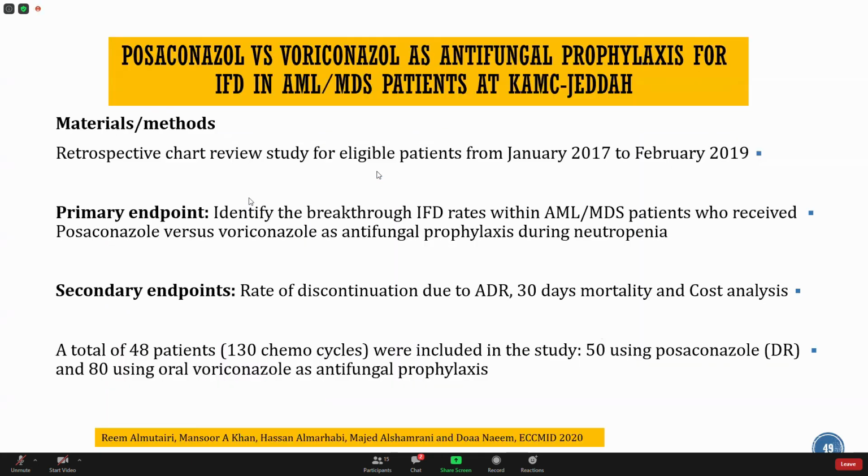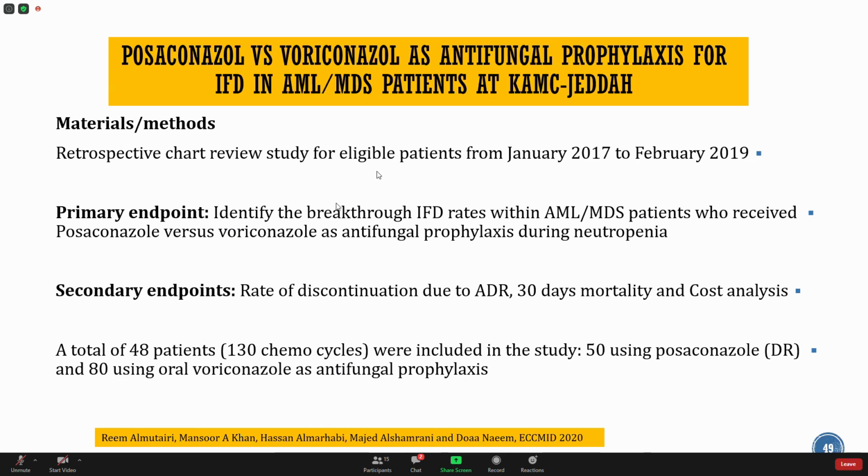So basically, what we did, we evaluated the efficacy of posaconazole versus voriconazole as antifungal prophylaxis for AML and MDS patients. We looked at breakthrough invasive fungal disease in AML and MDS patients who received intensive induction and consolidation therapy.